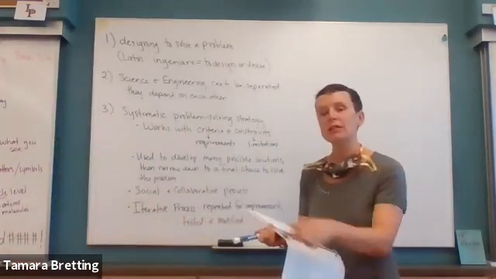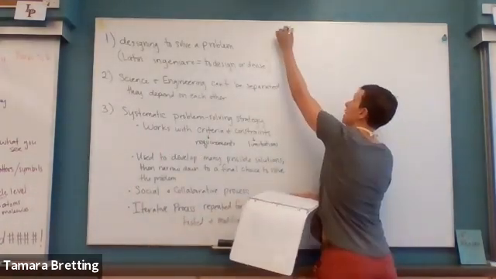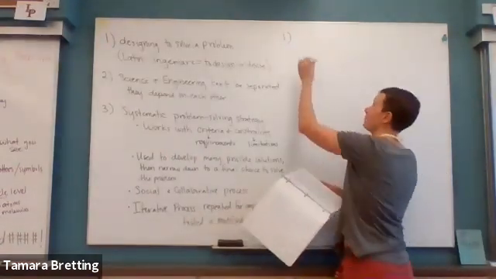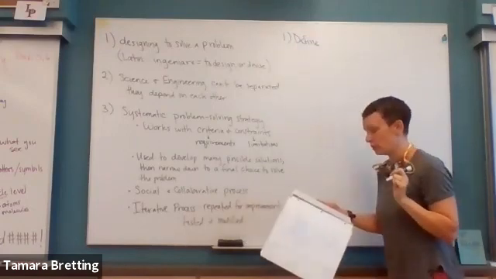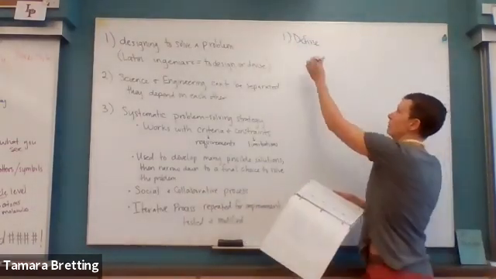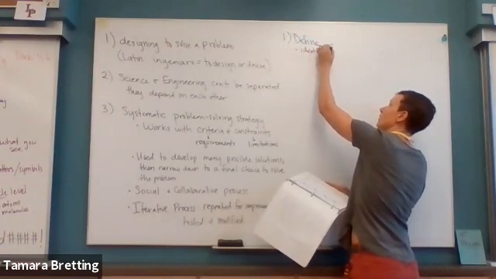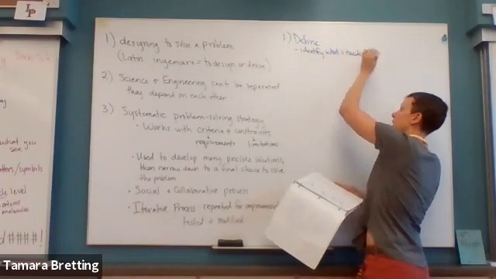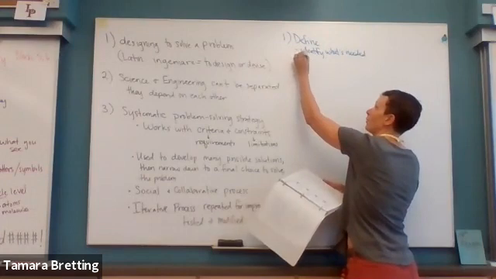Okay, on the next page, you're going to see kind of a flow chart, and we're going to go through that flow chart. So the design process. The first part of the design process says define the problem. It's already there for you, so you don't need to write that, okay? But really, we're just identifying what's needed.